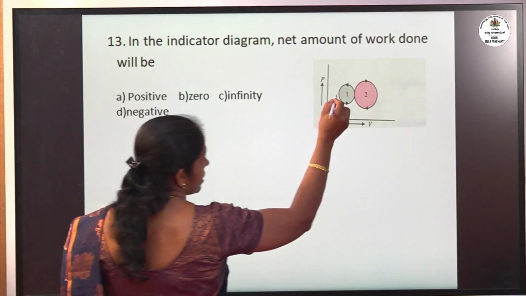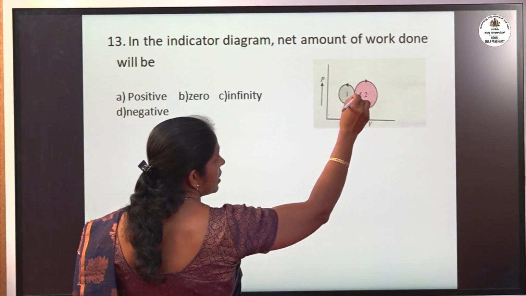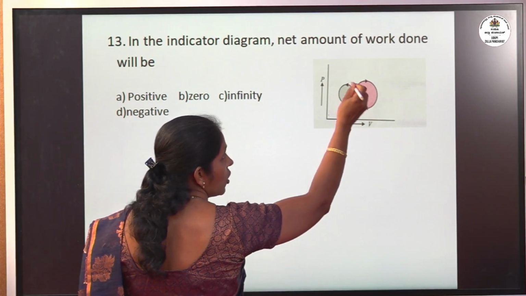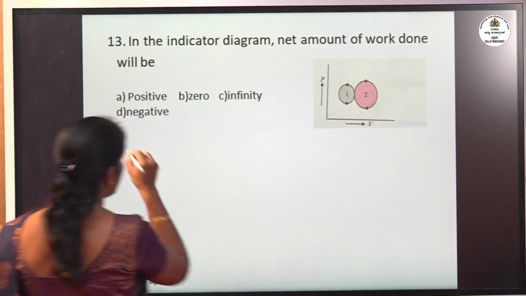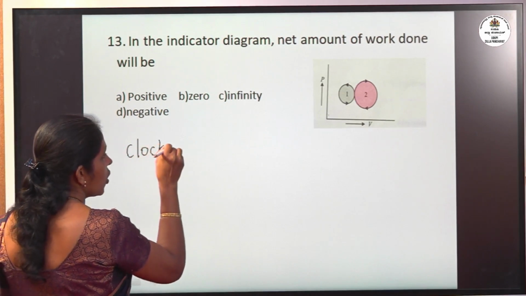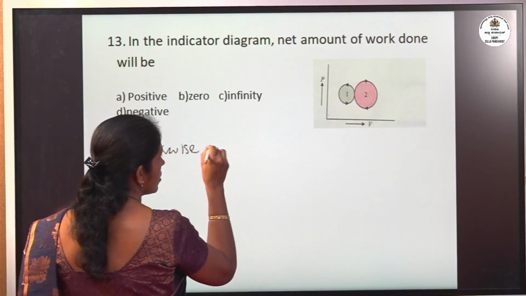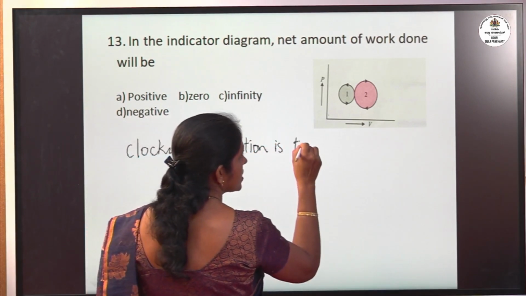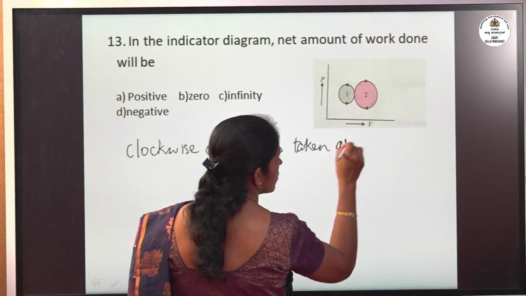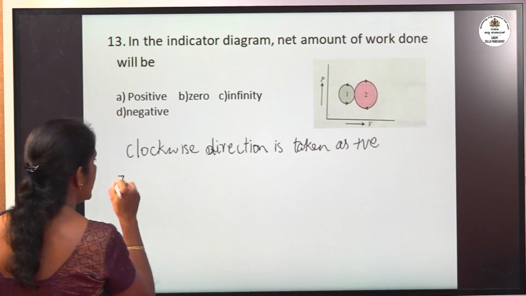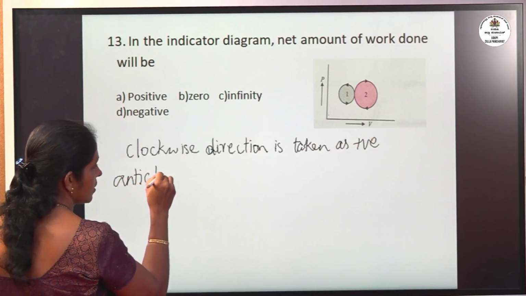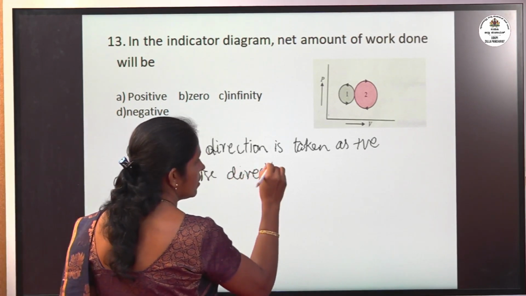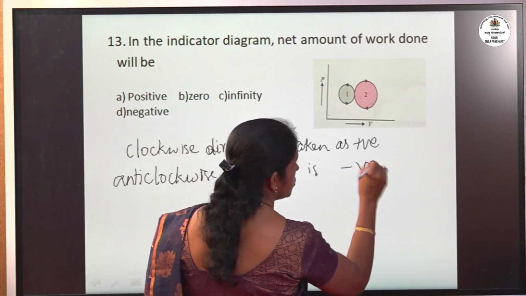Say for the complete cycle, clockwise direction is taken as positive and anti-clockwise direction is taken as negative.